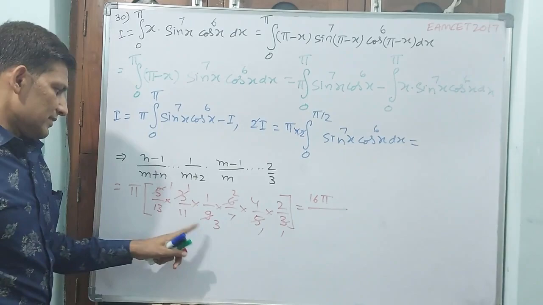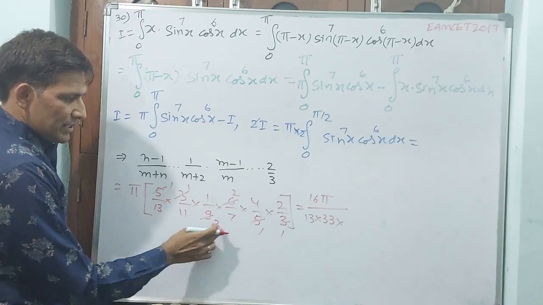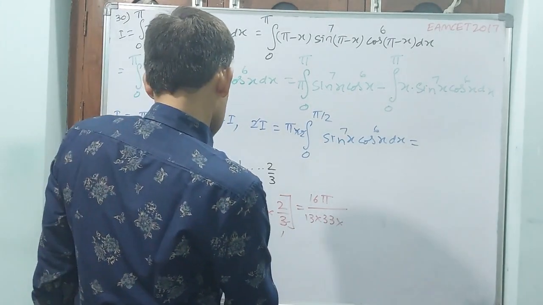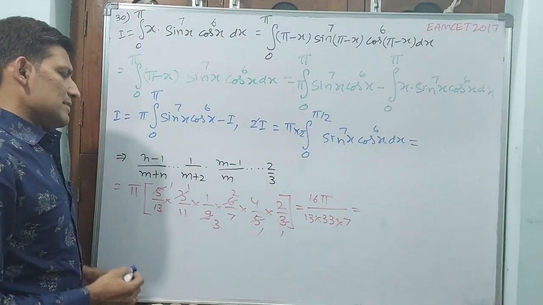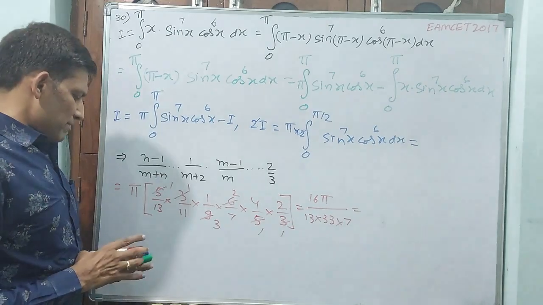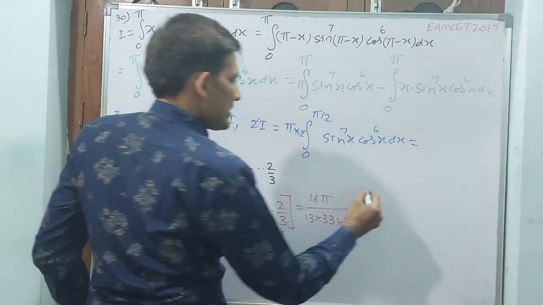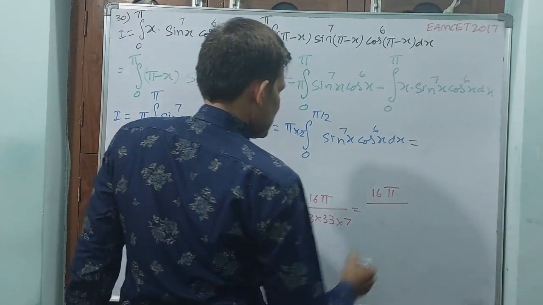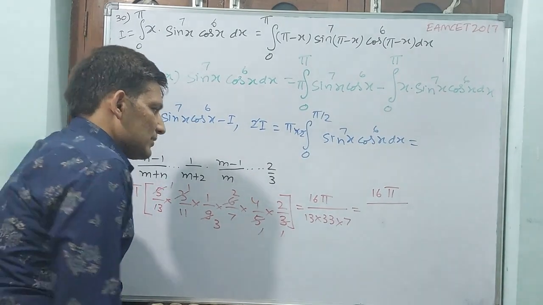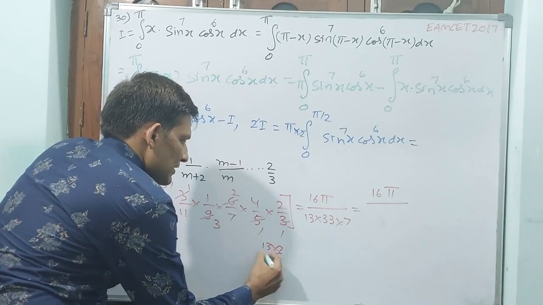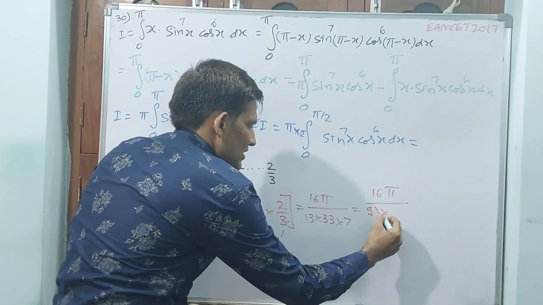You take 33. 13 into 33 into 7. Okay? Yes, sir. That is equal to. I don't think 16 pi is going to give any result like that. Let me write 16 pi by 3003, it should come. Then only your answer is correct, or else your answer is wrong. 13 sevens are, see, 13 7, 7 threes are 21, 7 ones are 7, 91. That means you see 91 into 33.